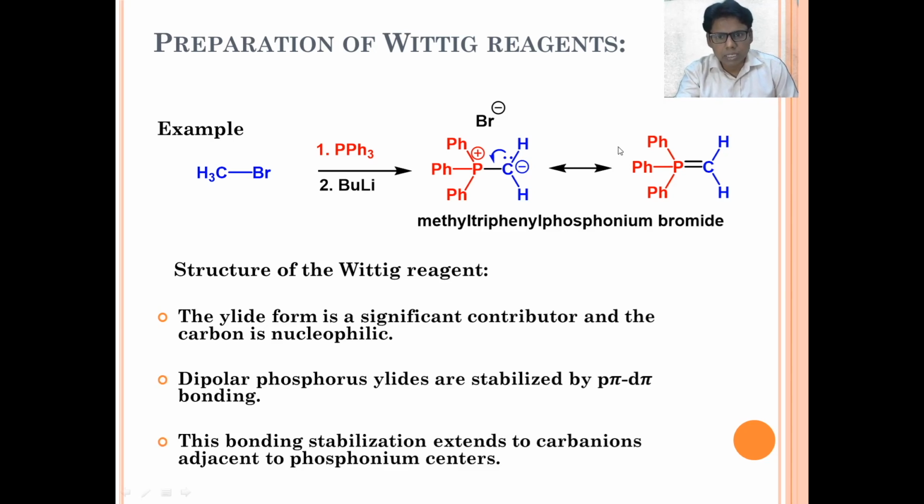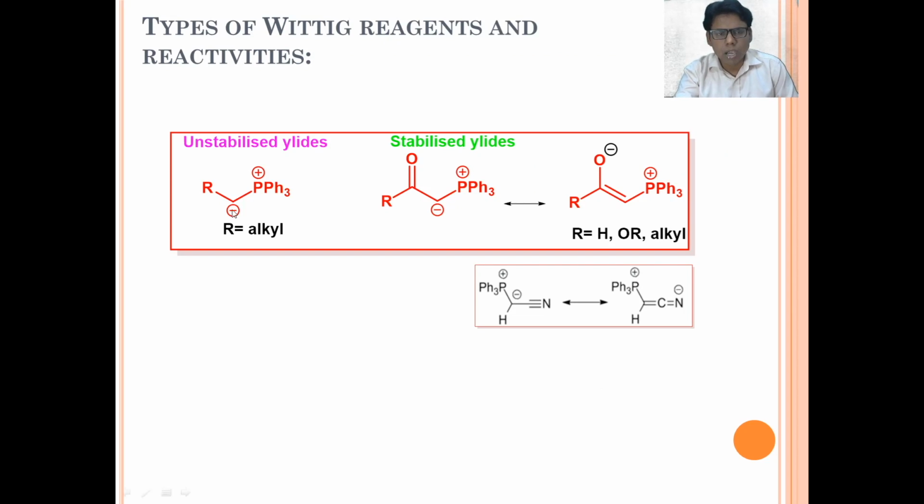Secondly, the dipolar ion is stabilized by p-pi d-pi bonding, because herein the bonding stabilization extends to the carbanion adjacent to the phosphonium center. So you will get a double bond like this, and this gets stabilized. That is the reason we get this kind of structures.